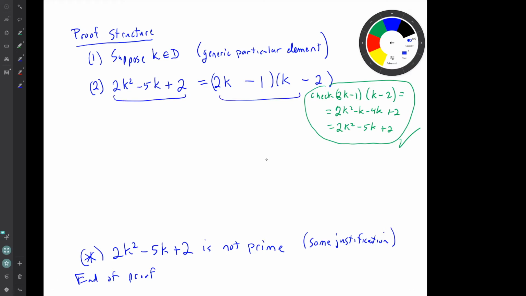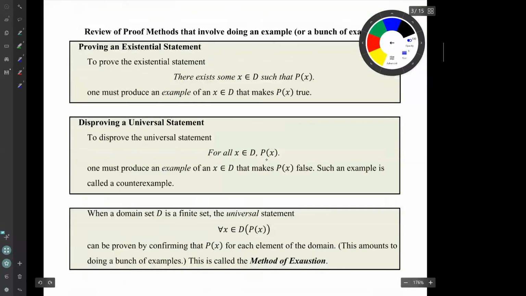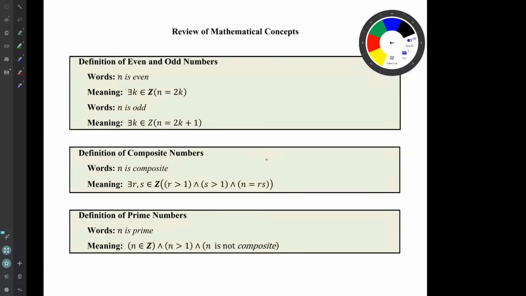Now, does that mean that that expression is not prime since it can be factored? Well, we have to be careful. Remember the definition of prime. A prime number is one such that the number is an integer, it's greater than 1, and it is not composite.